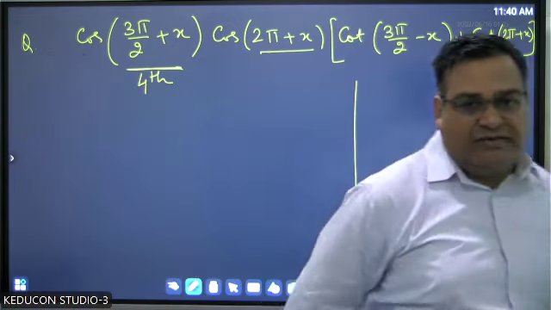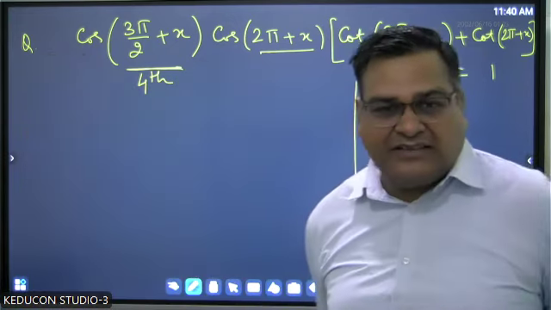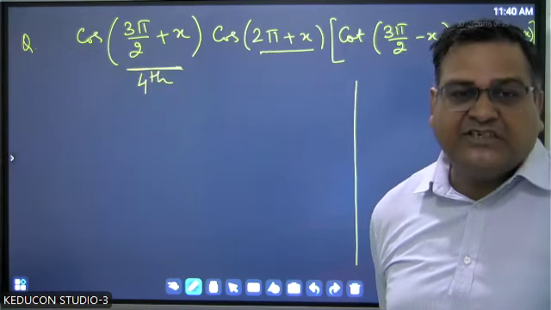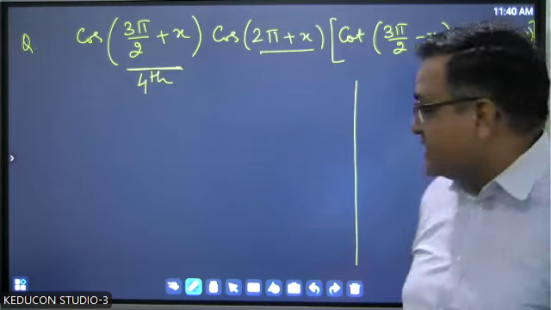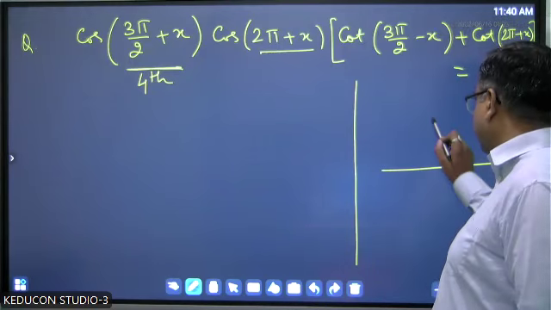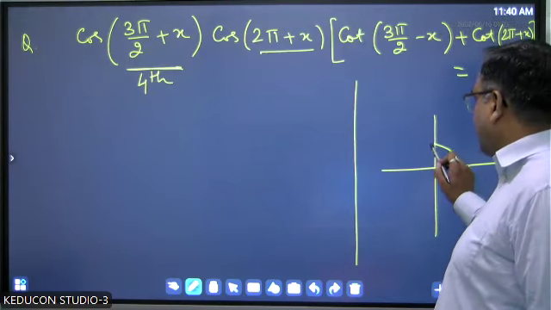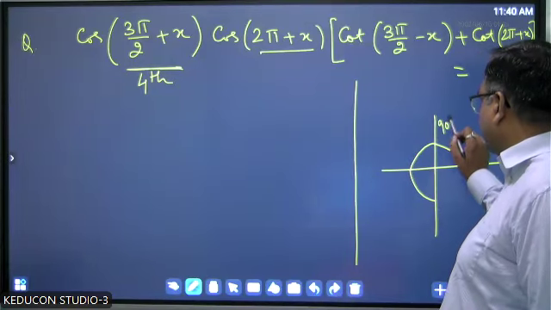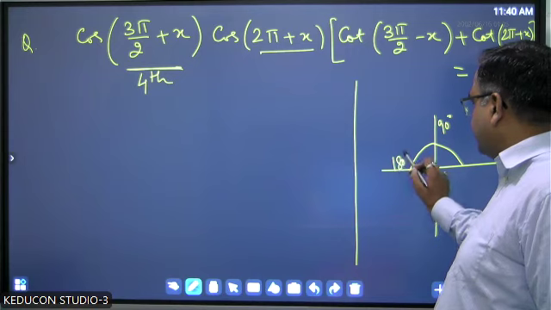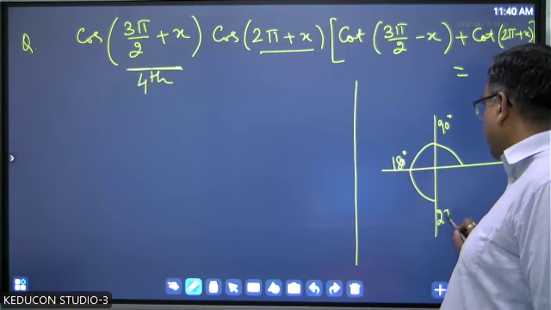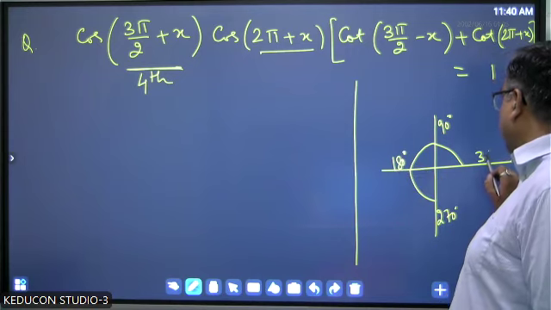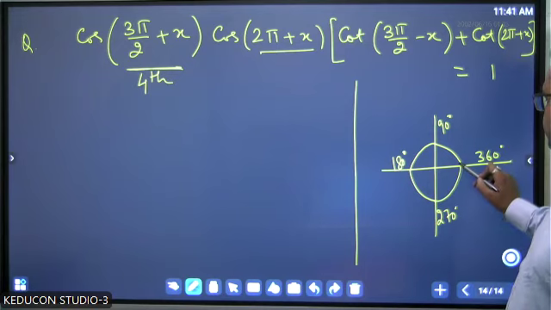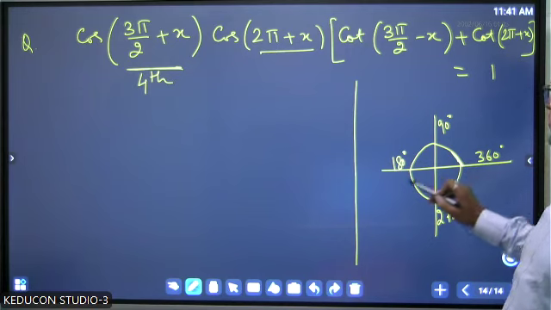Okay. First quadrant. Earlier it was third, now it became first. Anyone else? Children, 2 pi is 360. 360 plus x. See 90, 180, 270, and 360, right? When you add something to 360, it will again be in the first quadrant.